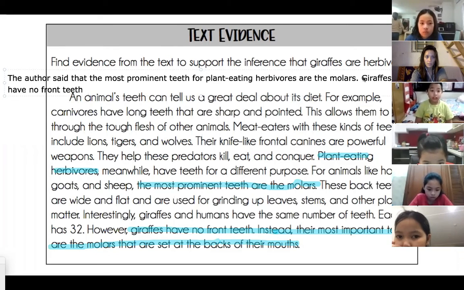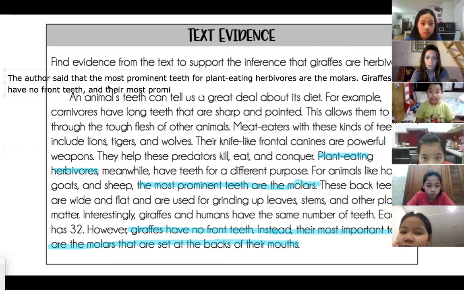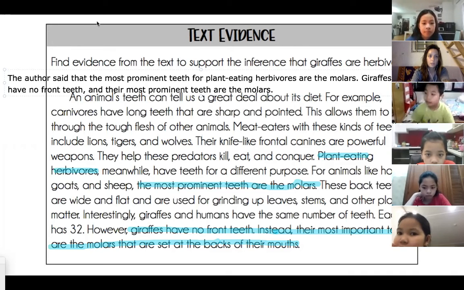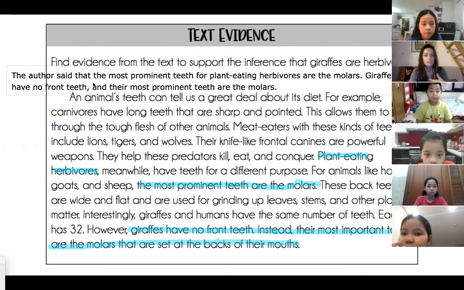Okay, so we said giraffes have no front teeth, and their most prominent teeth are the molars.